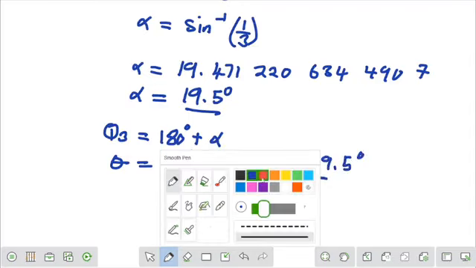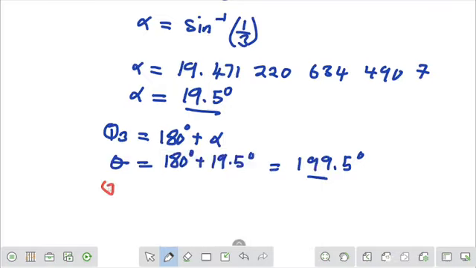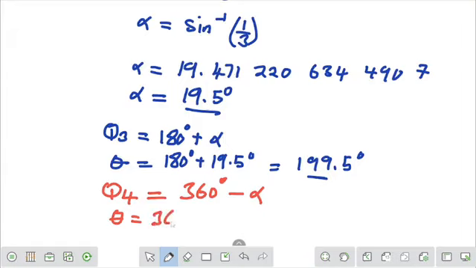Now let us find the other value for theta, where sine is negative in the fourth quadrant. In the fourth quadrant, we have 360 degrees minus alpha. So theta is equal to 360 degrees minus alpha, which we have found is 19.5.